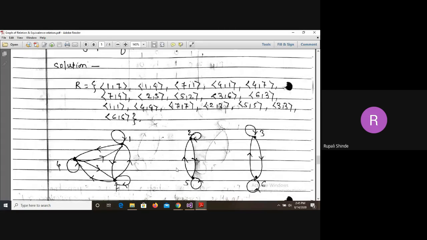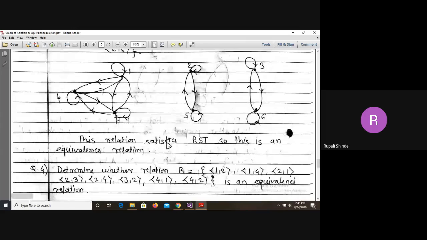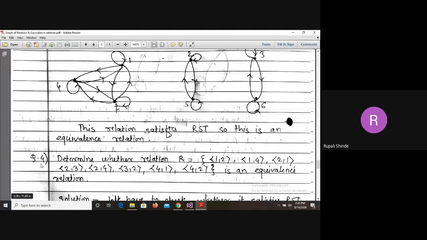Yes, in the previous set of questions, we have covered this. Let's see the next one. Determine whether a relation R is an equivalence relation. For this question number 4, they have given a set of ordered pairs, and from this we have to determine whether it is an equivalence relation.